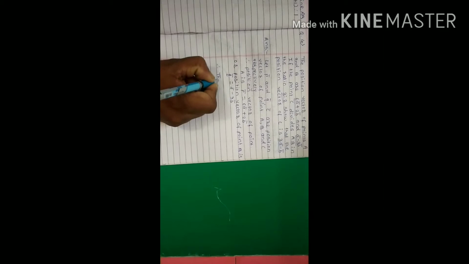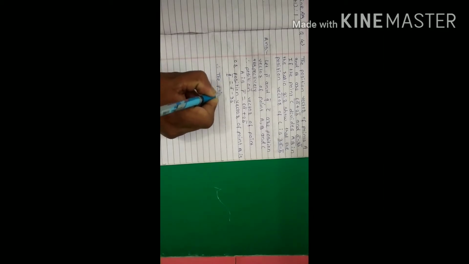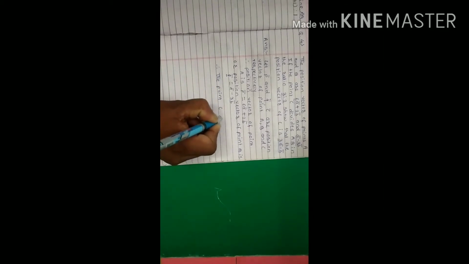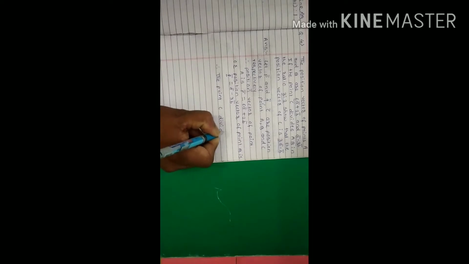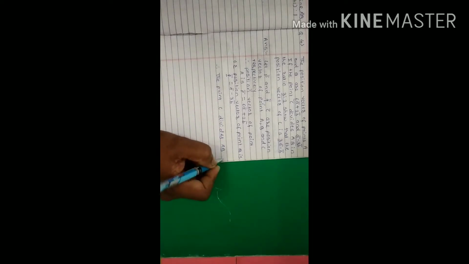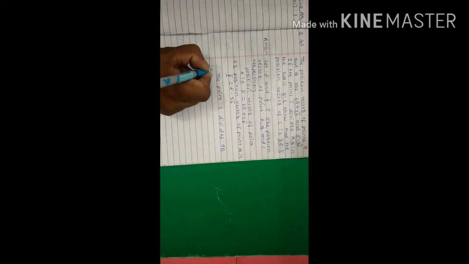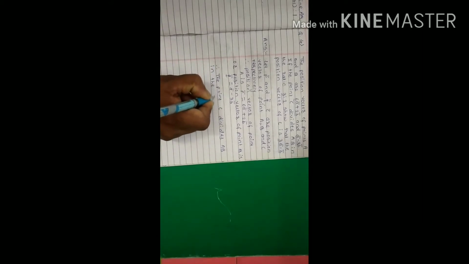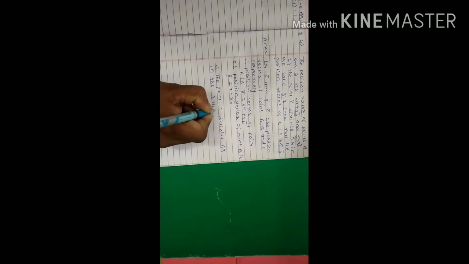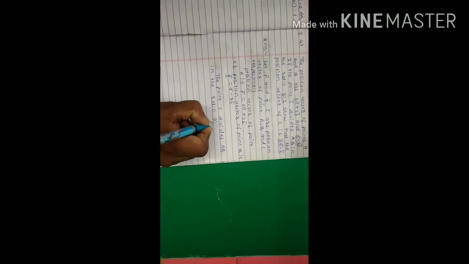Therefore, the point C divides line segment AB in the ratio 3:2.